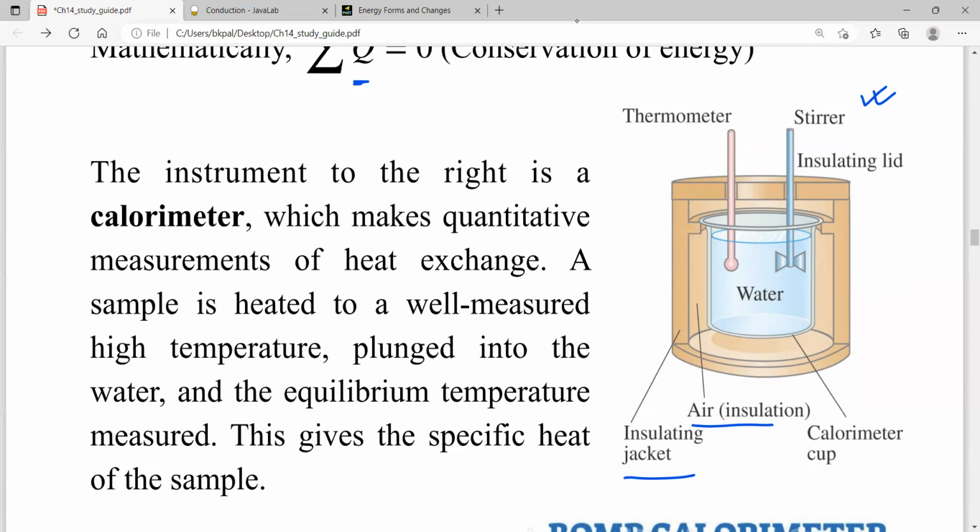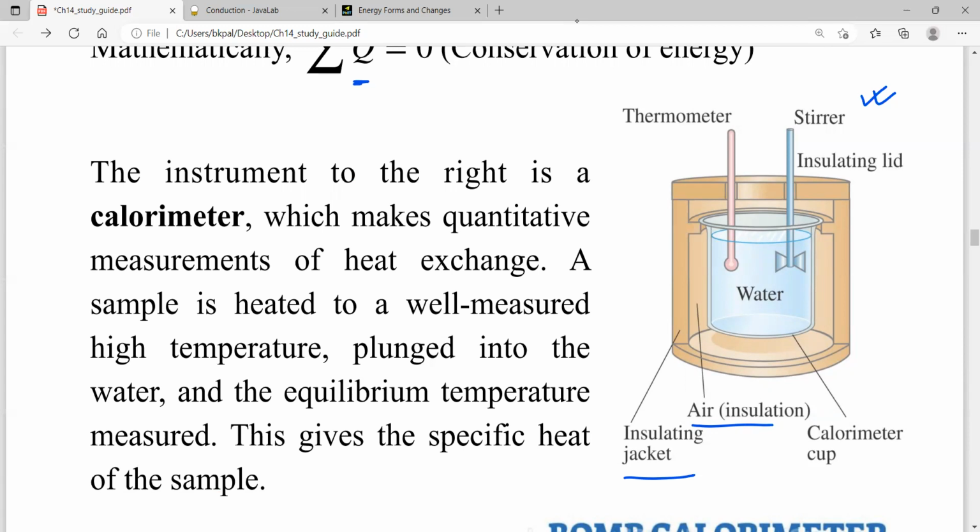We need the insulation to make the system inside an isolated system. Remember that isolated system means heat or mass cannot go in or come out.